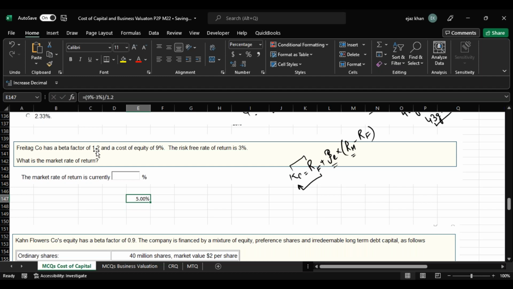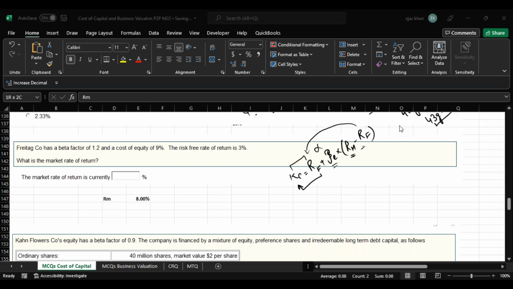Now that's 5%. So now we are left with RM minus RF. Since we need to find out RM, we have to add RF to the other side. RF is 3%. That's market return. So it's simple mathematics.